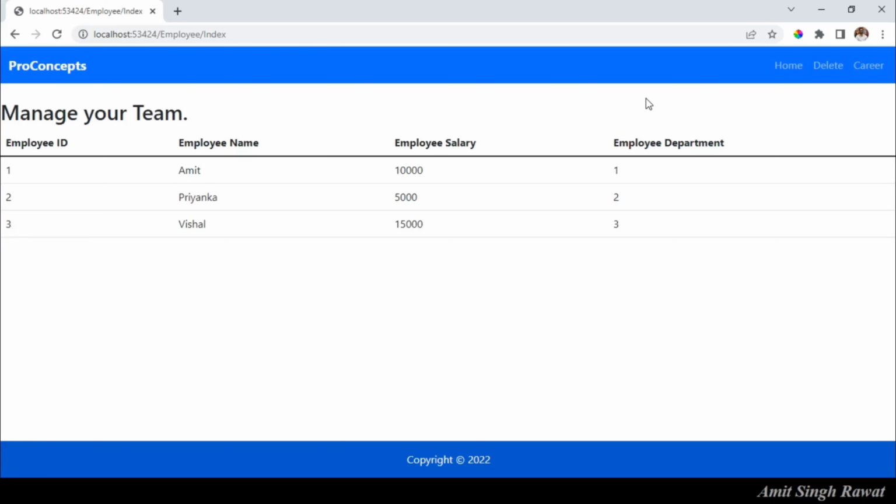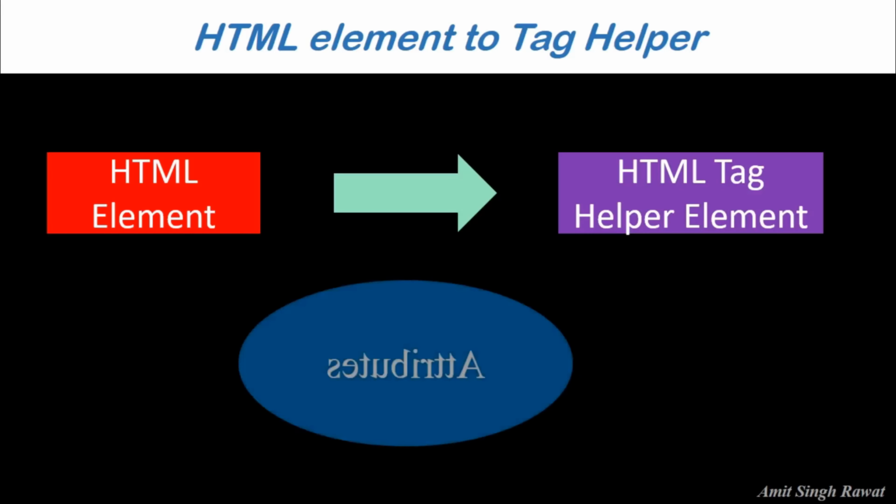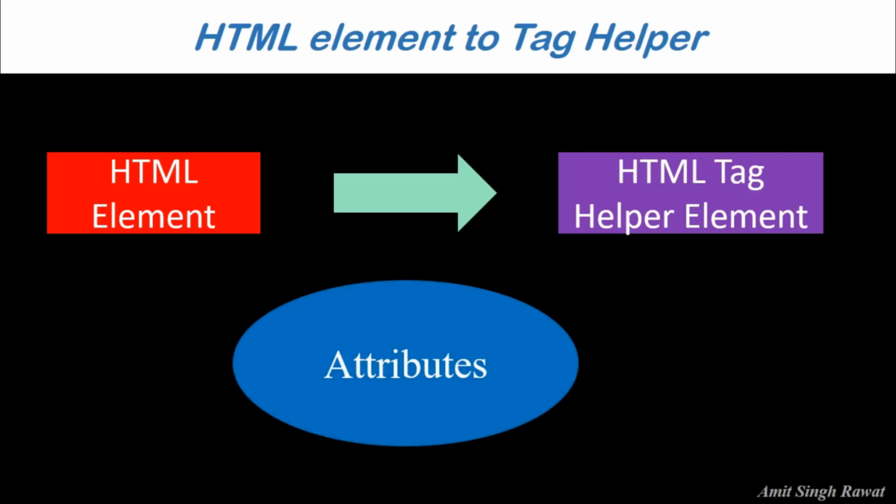Let's get back to our slide. If you remember, in our previous videos, we saw that to convert a normal HTML element to a tag helper element, we have to apply attributes exposed by these tag helper classes.